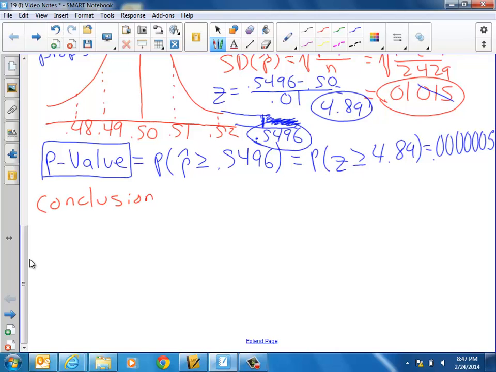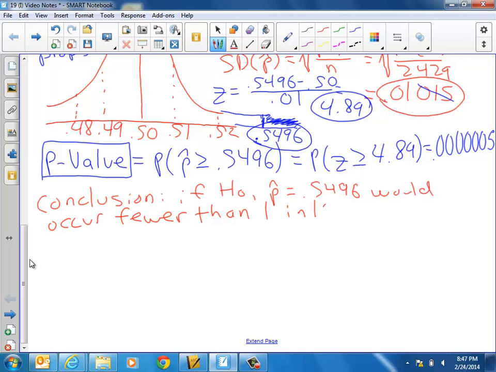What can we conclude? Okay, so if H naught were true, that is to say, if the win rate at home for these baseball teams were just 50%, this sample proportion for the year 2003 equal to 0.5496 would occur fewer than 1 in 10,000 times.